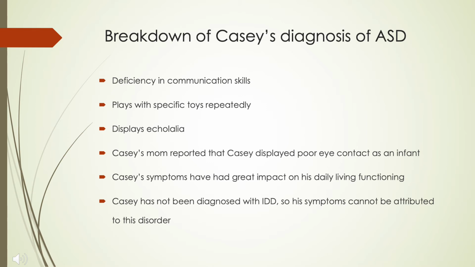For example, instead of verbally saying what he wants or needs, he would scream and make noises in order to get what he wants. Casey's mom also reports that Casey has a history of communication delays, such as poor eye contact.